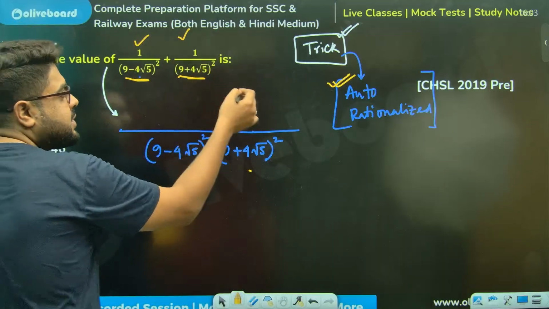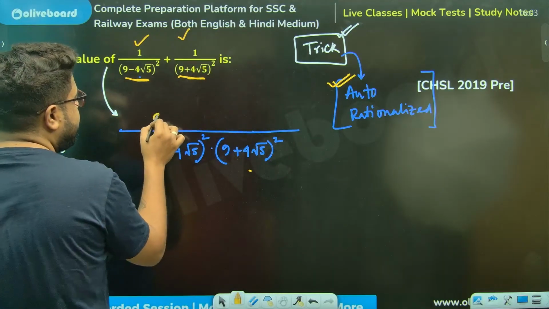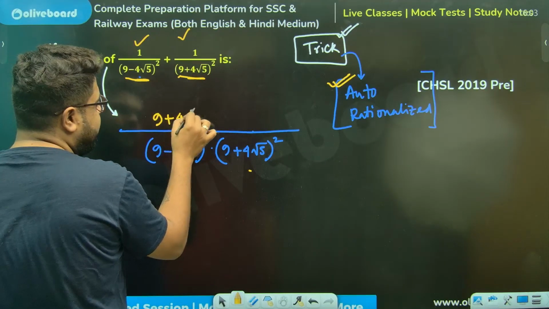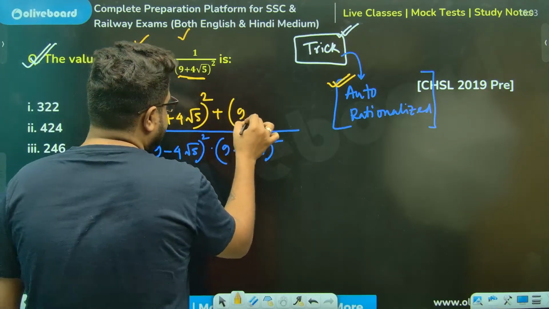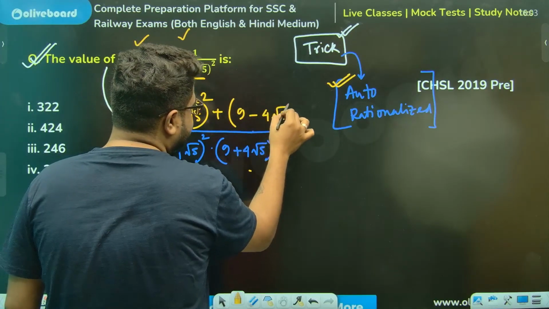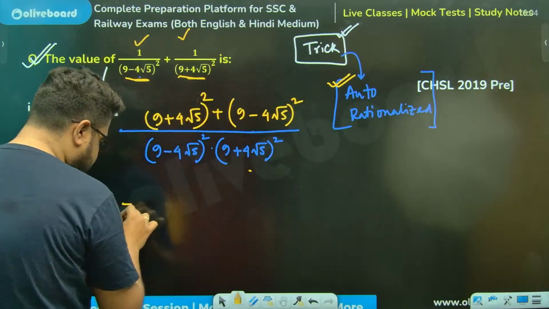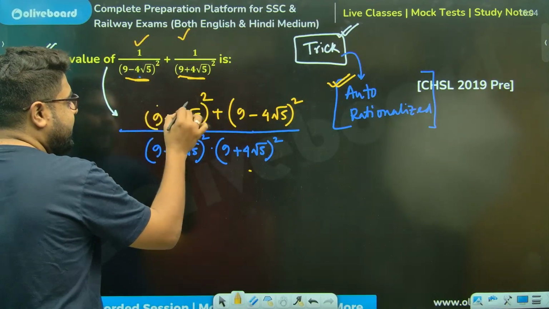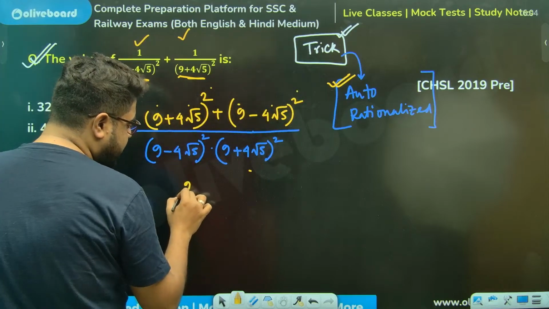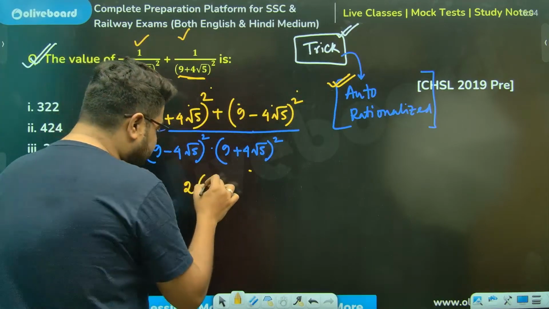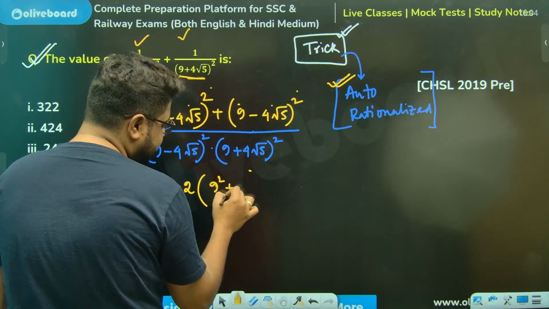Now, the next one, sir. This will be just the normal process of addition of fractions, using a simple algebra formula. In school there was a formula: a plus b whole square plus a minus b whole square. You remember?